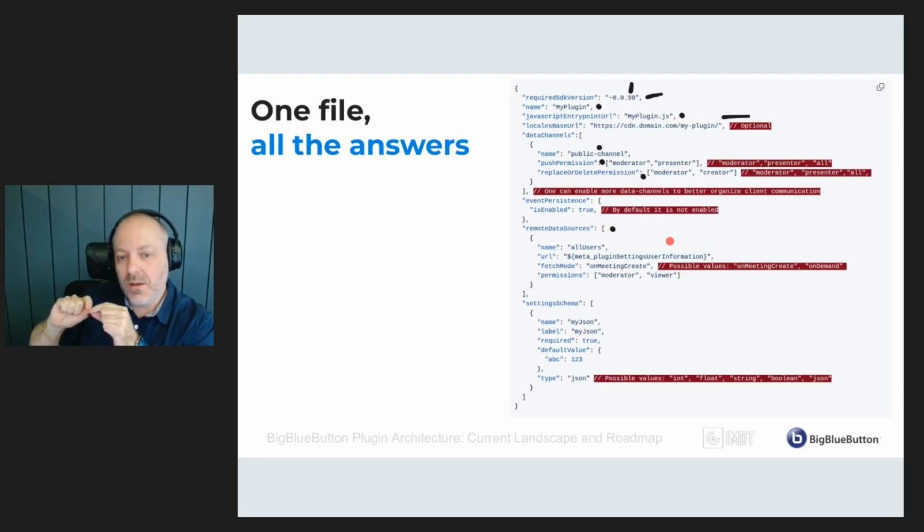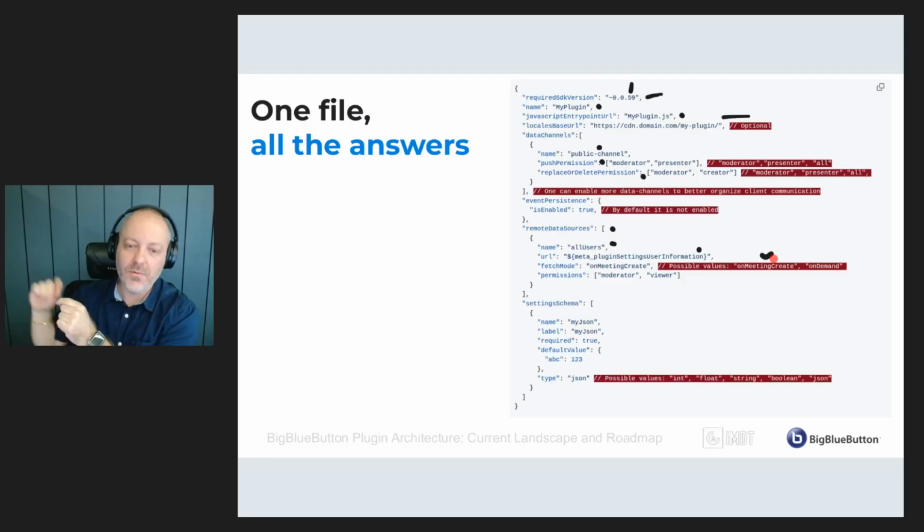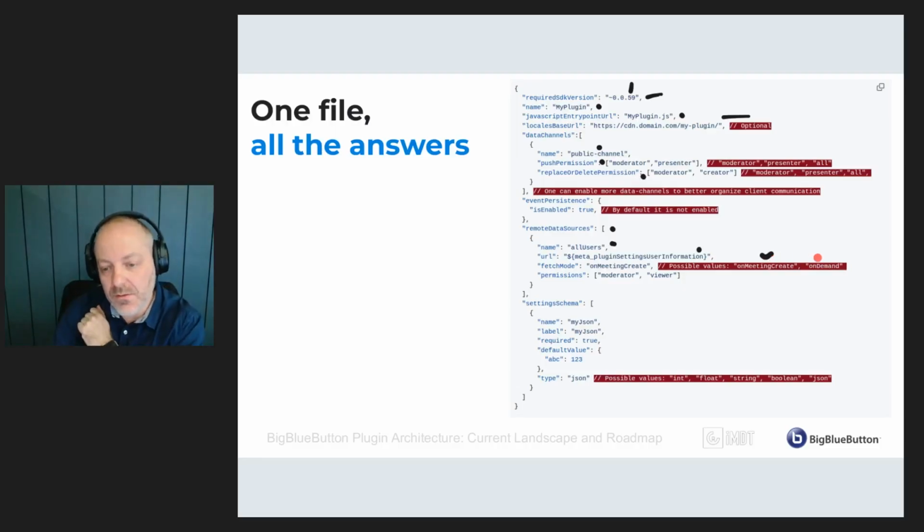And you specify, okay, I have a remote data source and the name is all users like this, and the URL is this. And we have the fetch mode that basically says, okay, I want to fetch this address on meeting create. So basically the plugin server will fetch this, keep it in memory, and whenever someone joins the meeting, it receives this information, or on demand.